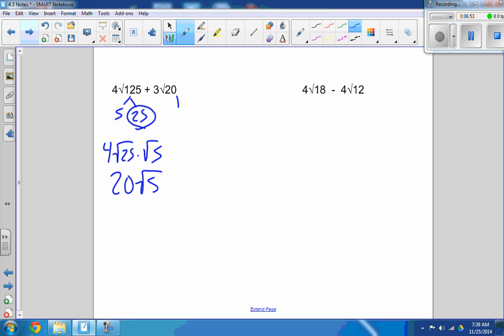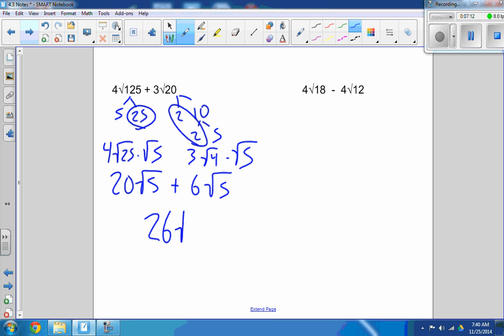And then 20 reduces, 2 and 10, which is 2 and 5. So that's 3 times square root of 4 times square root of 5, which is 3 times 2, which is 6 square root of 5. And so I get 26 square root of 5. I can add them now.